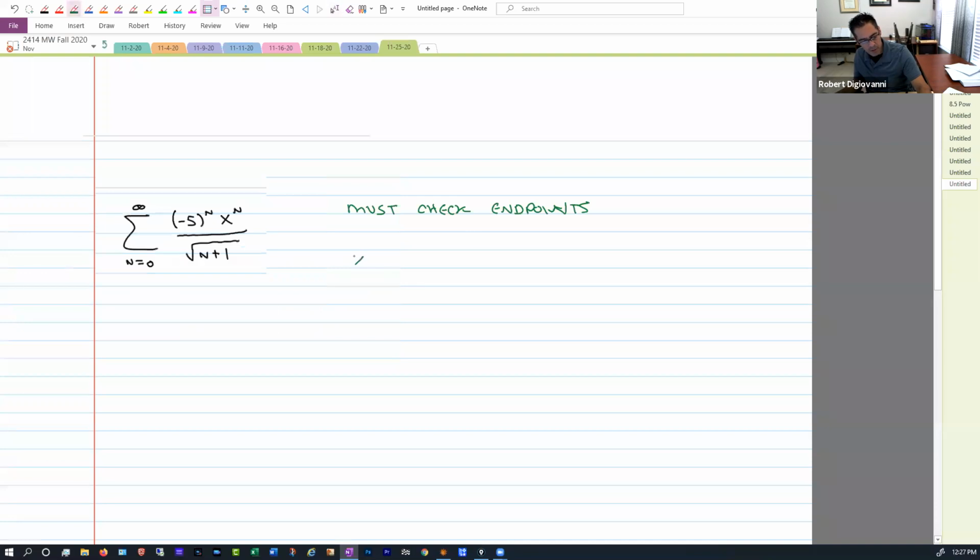Okay, so let's start with the first endpoint. x is negative 1/5. So just replace this with negative 1/5. Okay, let's see what happens. Sum n equals 0 to infinity. We have -5 to the n, we have negative 1/5 to the n, over the square root of n plus 1.